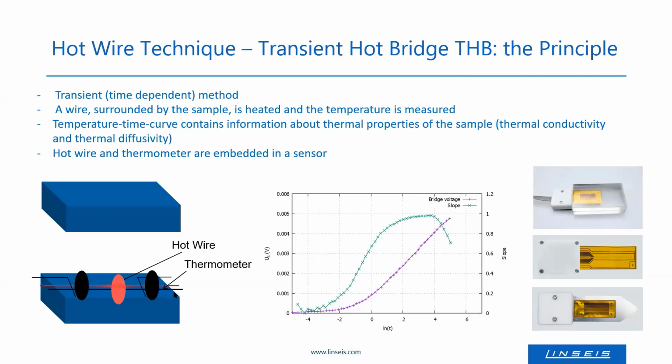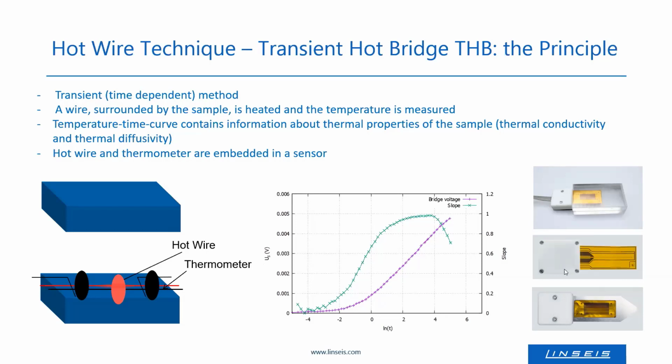You have a thermometer close to this heated wire, and wire and thermometer are surrounded by the sample material to be tested. This is realized in such foil sensors. In these foils are embedded hot wires, which can be heated by an electrical current, and there are thermometers.